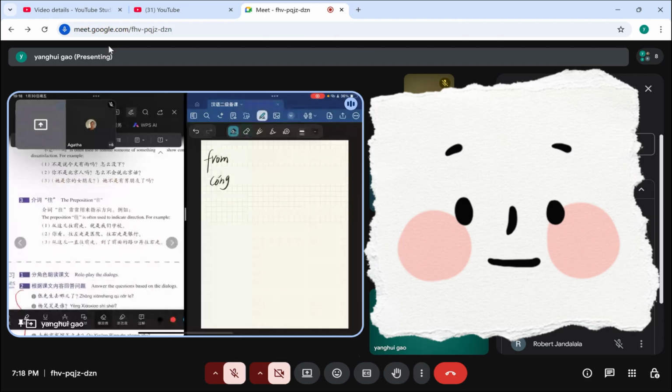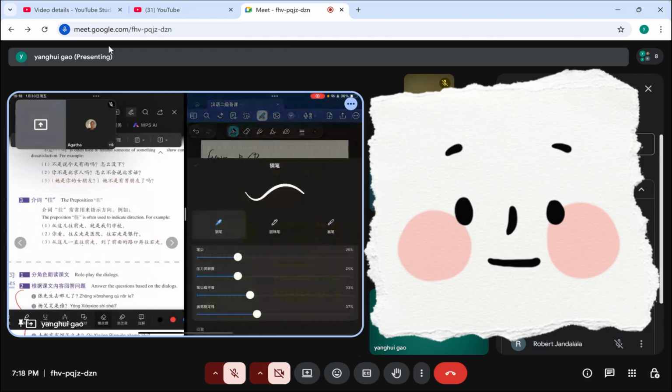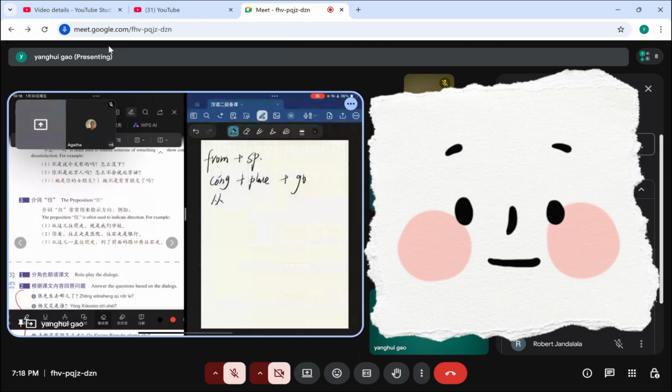You're from some place, at some place, and then go in a direction: 前, 后, 左, 右.